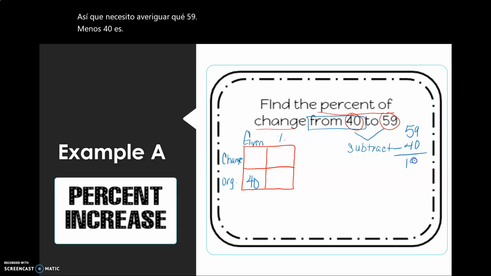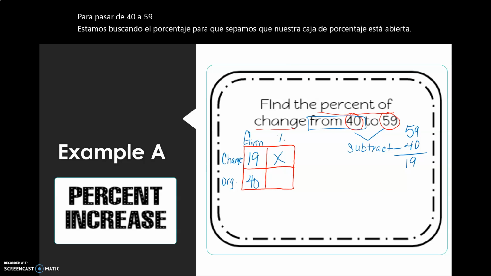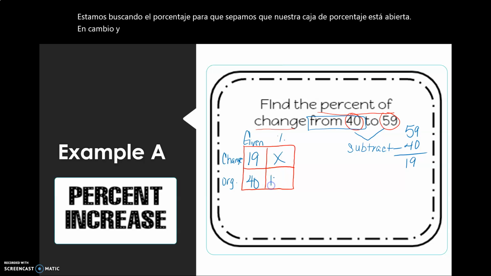And you get 19. Okay. So that 19 is going to go in my change. There was a change in 19 units to go from 40 to 59. We are looking for the percent, so we know that our percent box is open under change. And we know all percentages are out of 100, so we're going to place a 100 there.